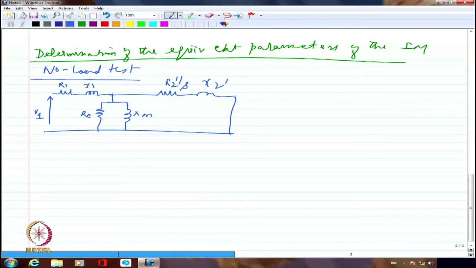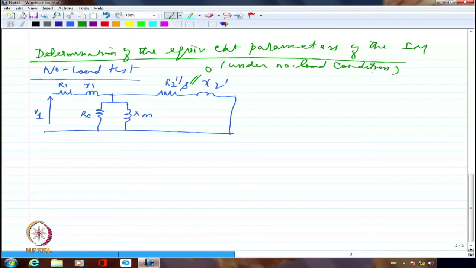So the no load condition is as good as having the rotor circuit impedance to be infinity or the rotor circuit being open circuit completely. It is equivalent to that. I will not say it is that. It is equivalent to that. Slip is almost close to 0 under no load condition. If slip is almost close to 0 under no load condition, R2 by S happens to be infinity.